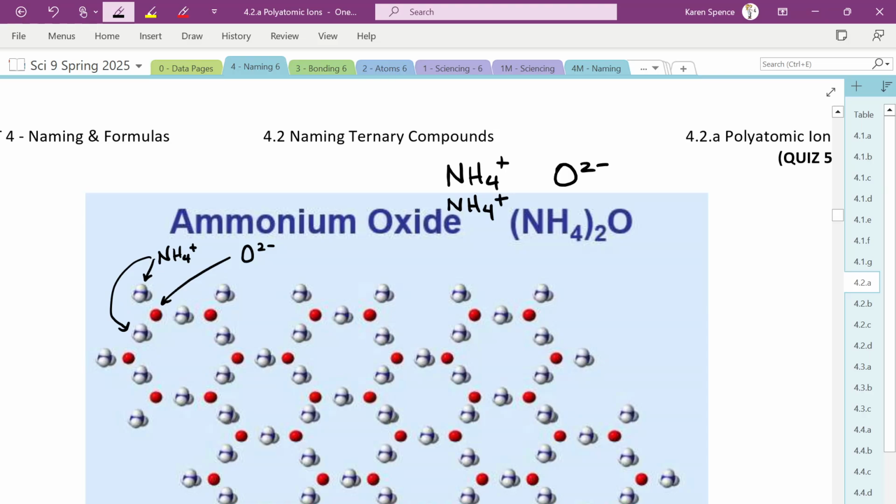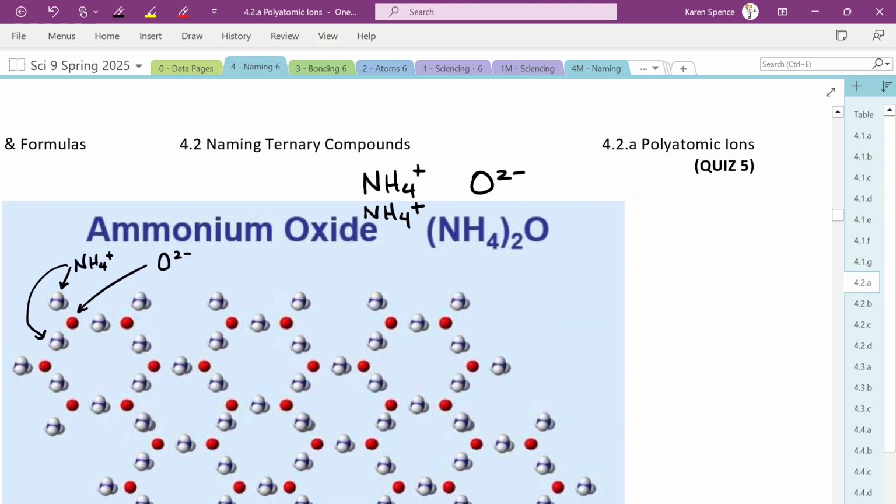That gives us 2 NH4s. And when we add those together, we get 2 plus. And so to show that we have 2 NH4s, we'll write NH4 in brackets. And then outside, we will write a 2. And that shows us that we have 2 NH4s. And then we only have 1 O, so we just write O. Okay?